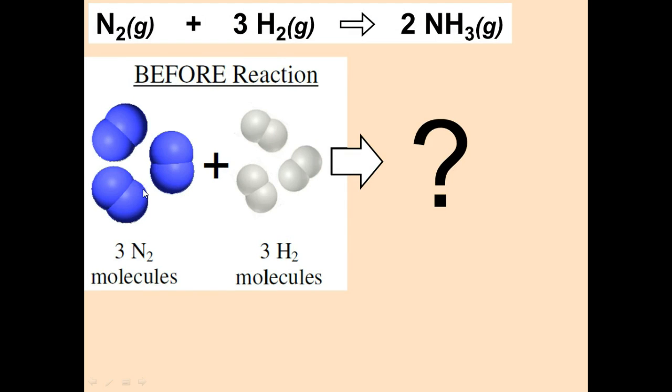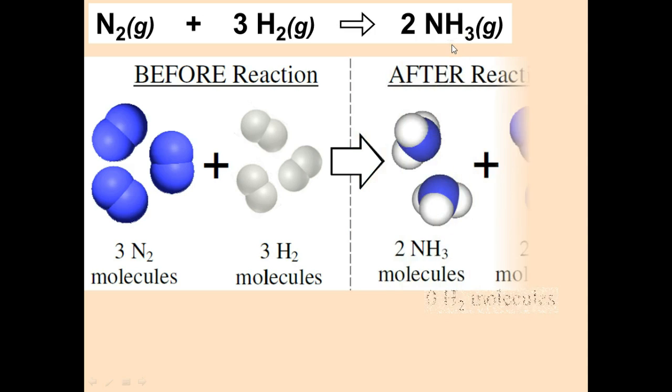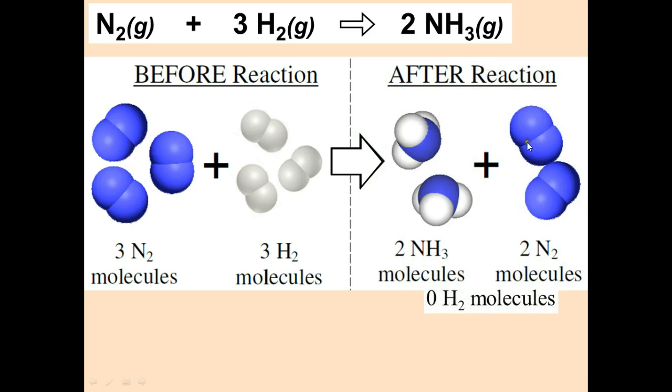We have three N2 molecules and three H2 molecules, and then we form NH3, so we need one nitrogen and three hydrogens for each one. If we only have 6 hydrogen atoms total, because 3 times 2 is 6, we can only make 2 of these NH3 molecules. But then we have leftover nitrogen here.